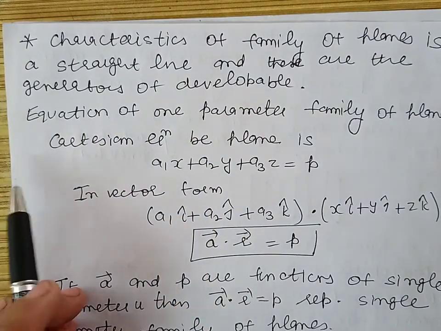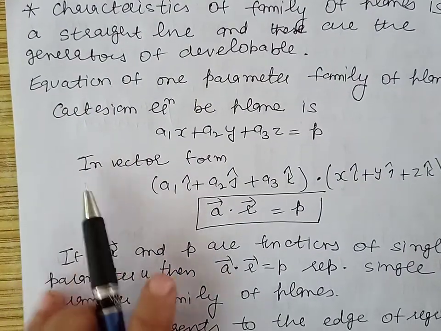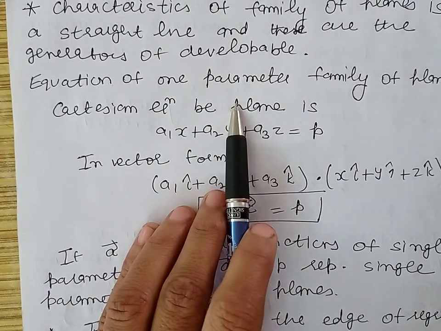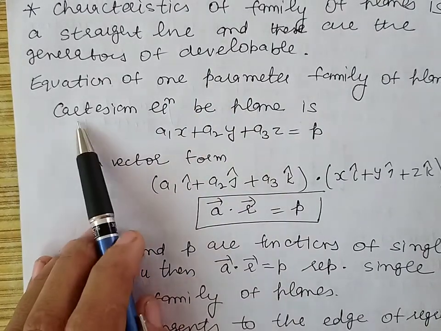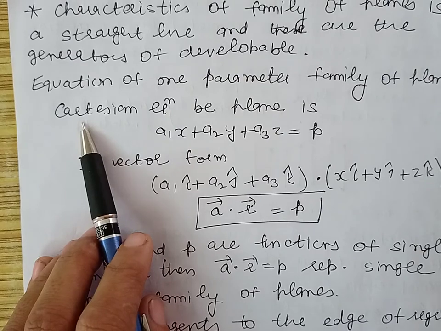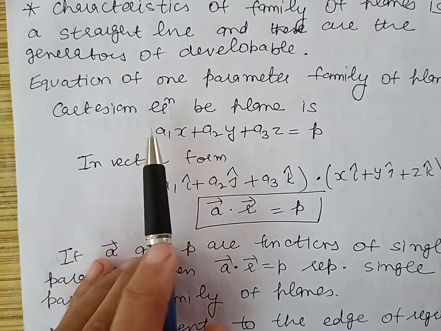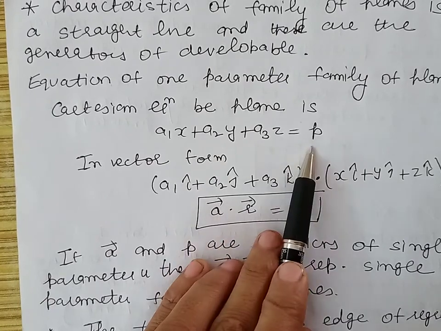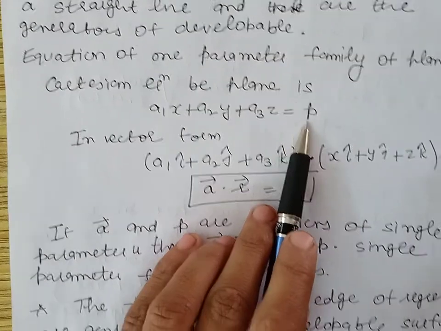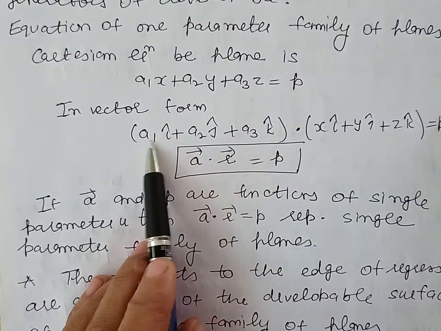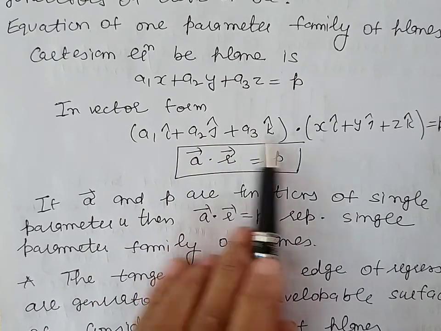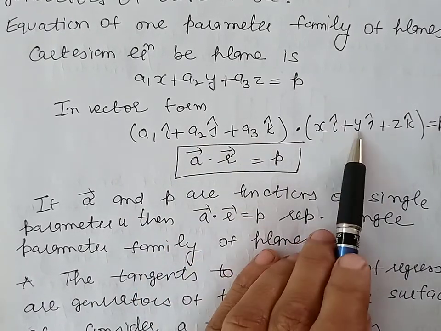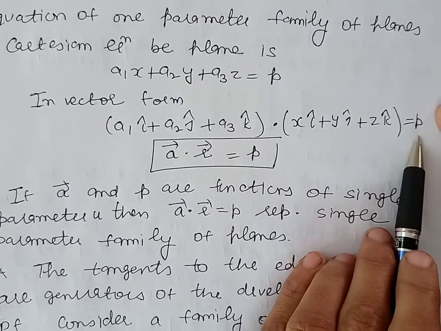Now next we will do a theorem, and for that we require a one parameter family of planes. You know the Cartesian equation of a plane is given by a1x + a2y + a3z = p. In vector form, we can write it as (a1i + a2j + a3k) · (xi + yj + zk) = p.